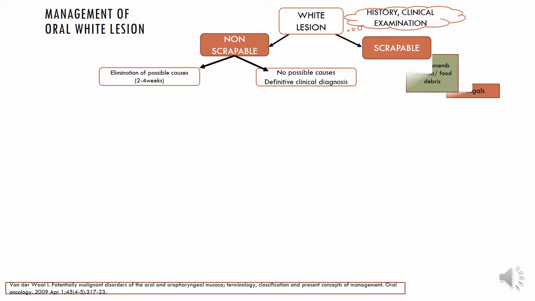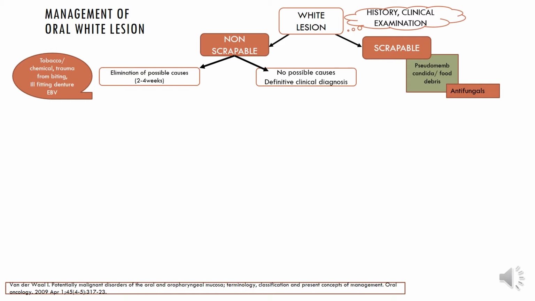In case of a scrapable lesion, it is most likely pseudomembranous candidiasis, or we're looking at food debris. Pseudomembranous candidiasis can be controlled by antifungals, and obviously if there is an underlying cause, you will look at that as well. When we're talking about eliminating possible causes, what would those be?